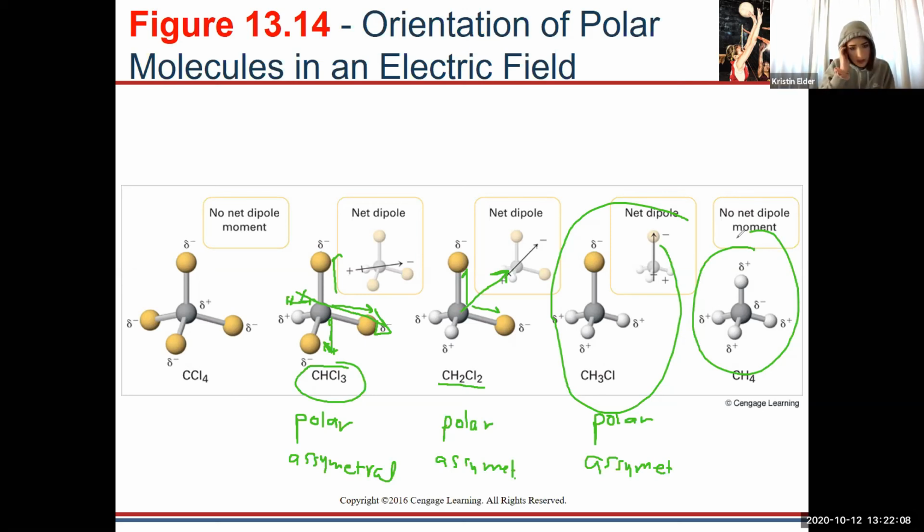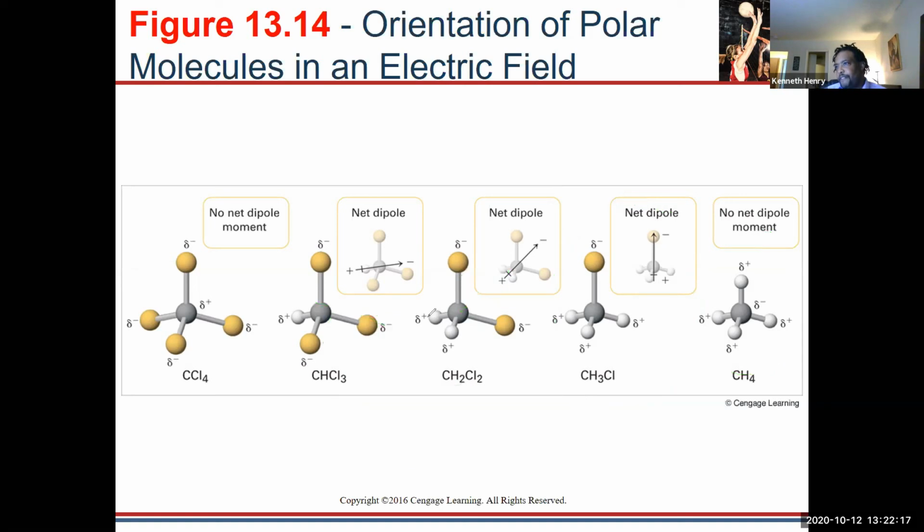I want to ask a question. In those little boxes where there's words like net dipole and stuff like that, what do the negative and positive signs mean? So remember, these are partially negative and partially positive.